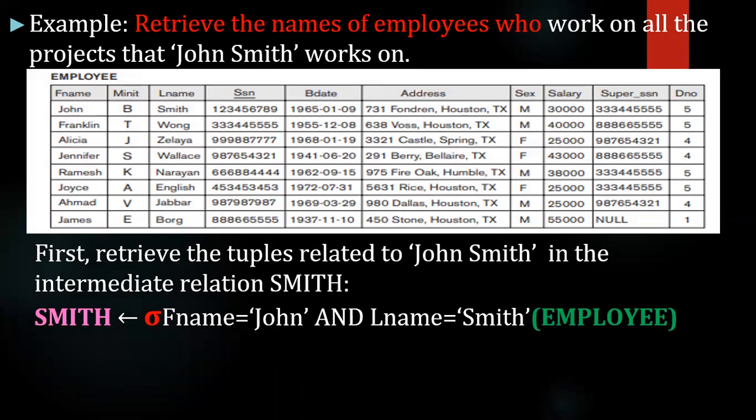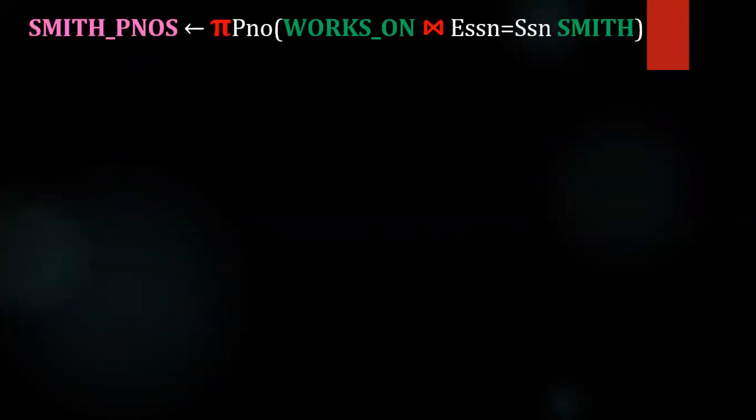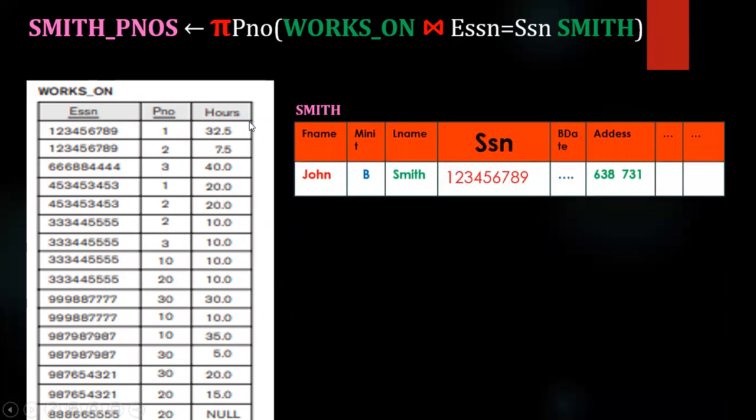Now we will identify the projects on which John Smith is working. So how to find that? Here we have written a join operation on the works on table and the Smith table. The works on table contains details like ESSN, project number and hours, and we have the Smith table which gives details of John Smith.